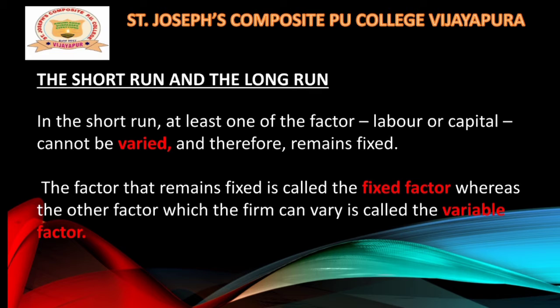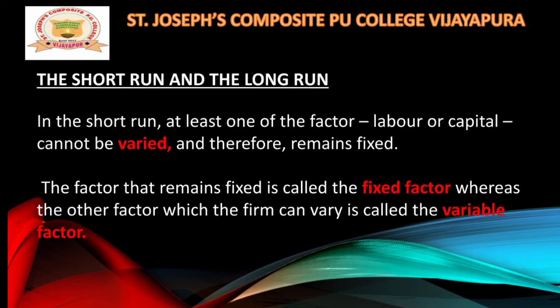Okay, it may be capital. So at least one factor of production. As you know, there are four factors of production: land, labor, capital and organization. Among these four factors of production, at least one factor of production remains fixed or constant. So this is the nature of short run production function.